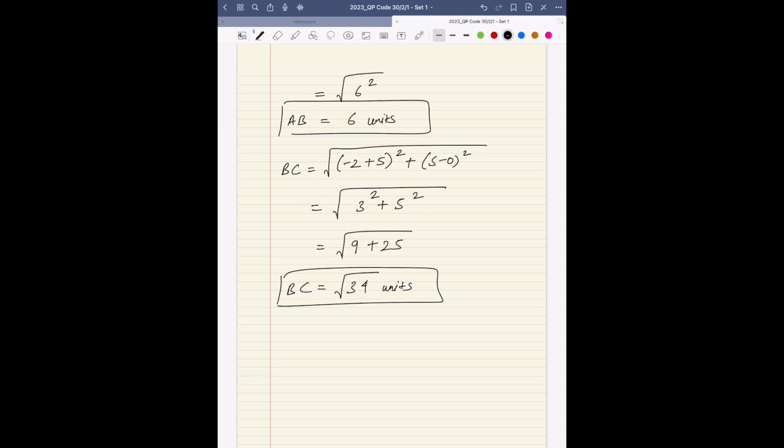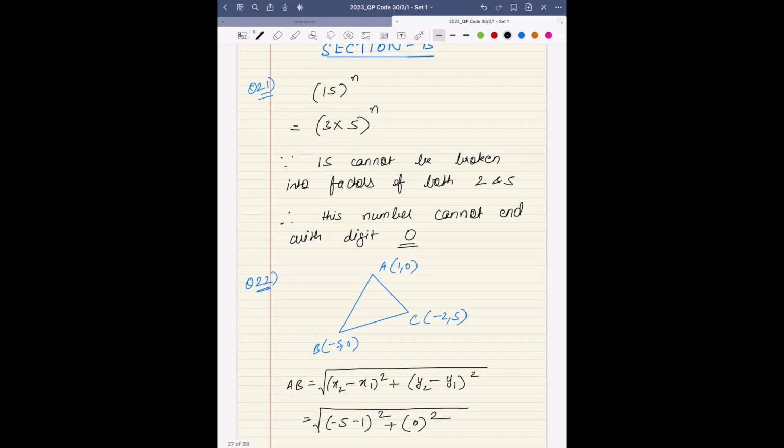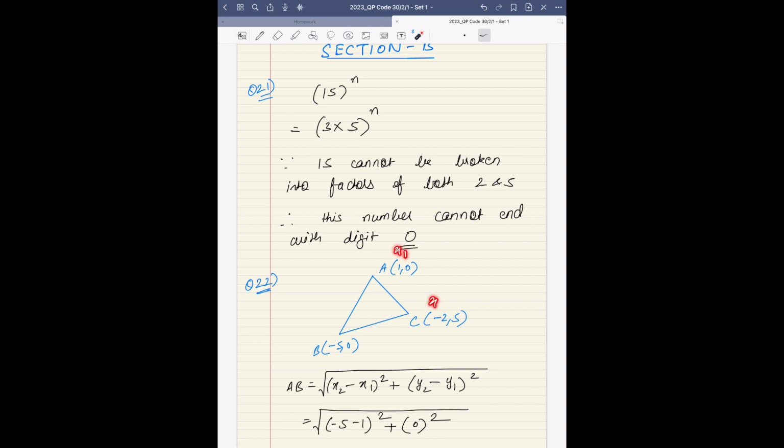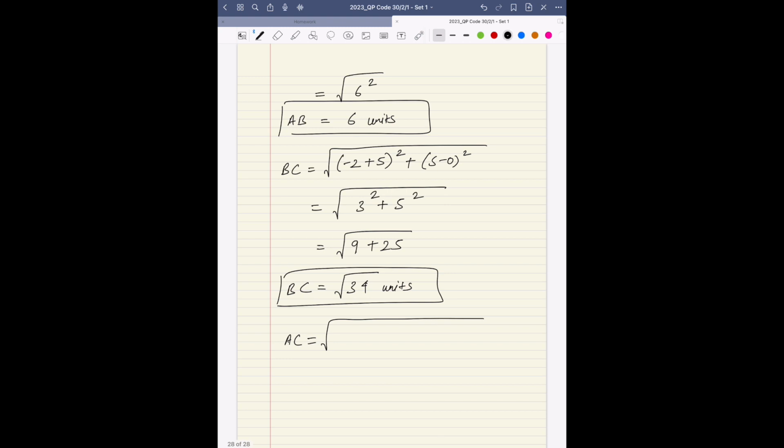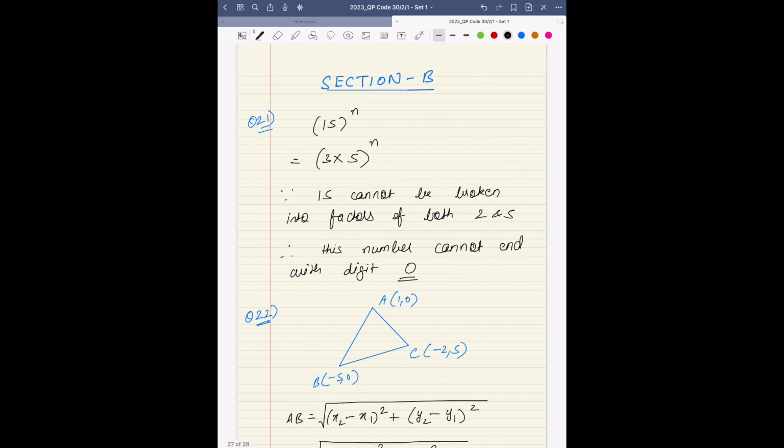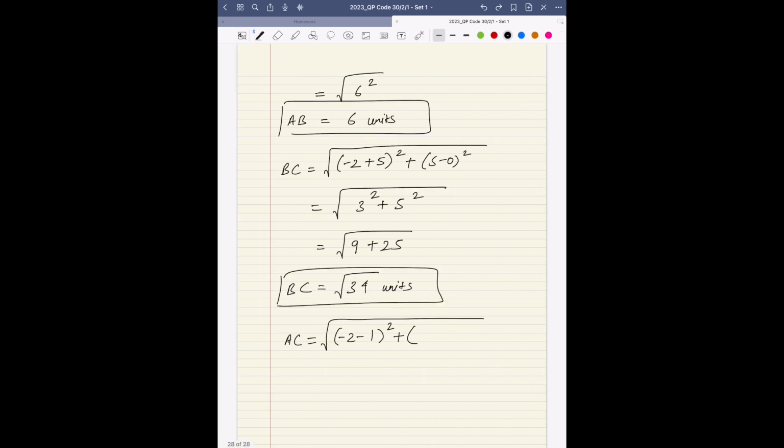Let's find AC or CA. So AC will be, now let's find AC. So x1, x2. So you have minus 2, minus 1. So (minus 2 minus 1) whole square plus, same thing, this is 5, and this is 0. So same, (5 minus 0) whole square.